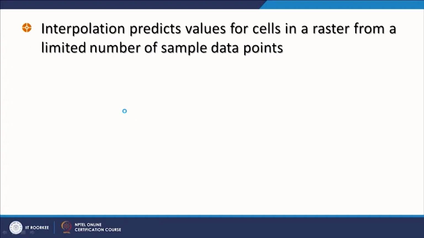As we have also discussed while discussing this topic of spatial interpolation, basically interpolation estimates or predicts values for the cell, and of course it is a raster, from a limited number of sample data points, because for every location you do not have the observations. So, whatever the number of points, you can still employ them in spatial interpolation and generate a digital elevation model to some accuracy.